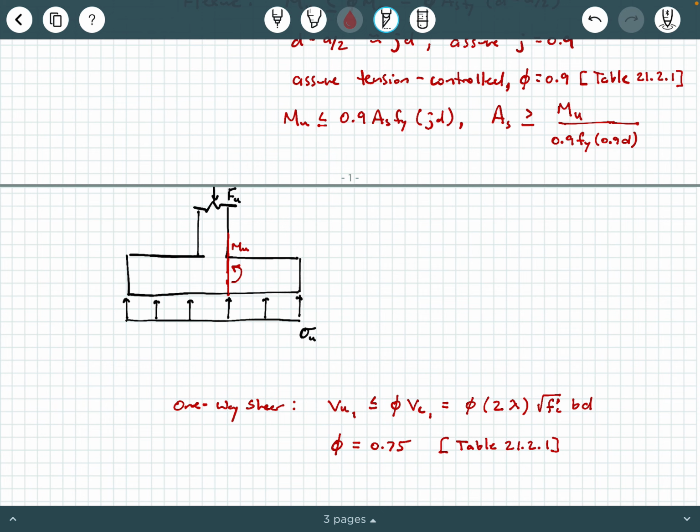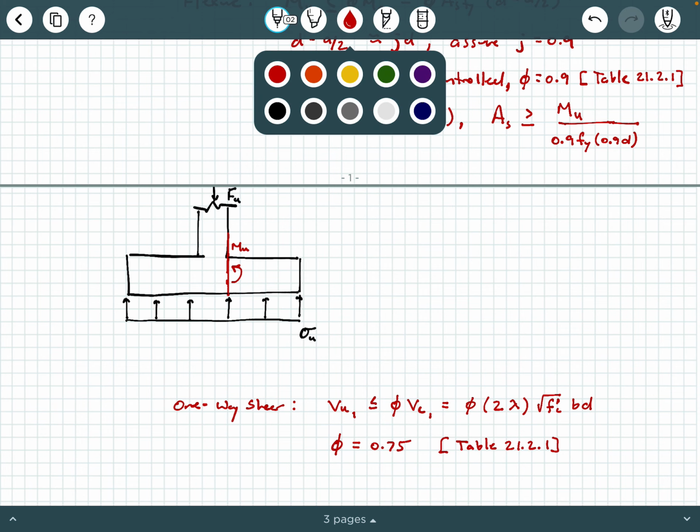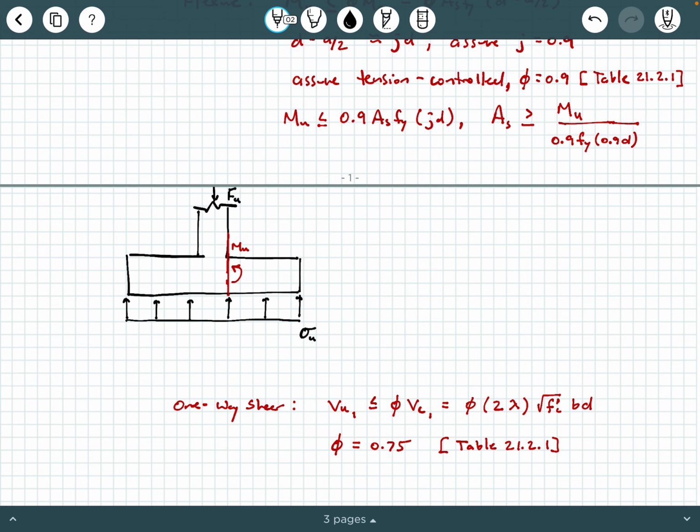What we're going to do is use method of sections, if you remember that from statics, and make a cut section at that critical section. Okay, so this cut section is right here at the face of the column. Then we're going to look at a free body diagram of this. Okay, and here's sigma sub u.